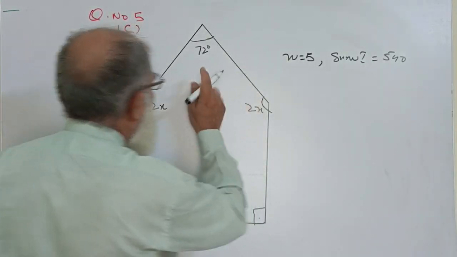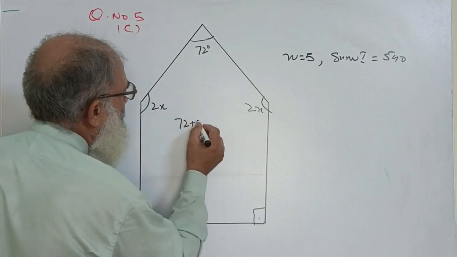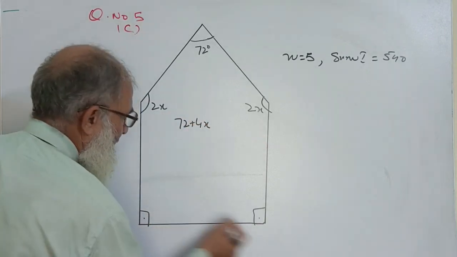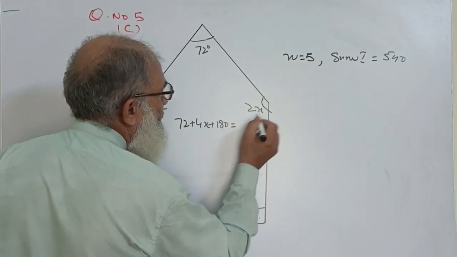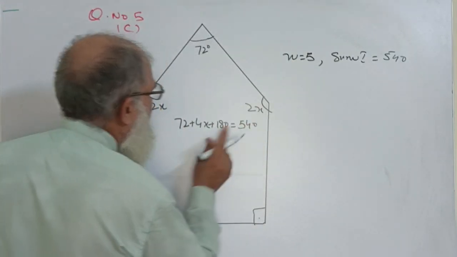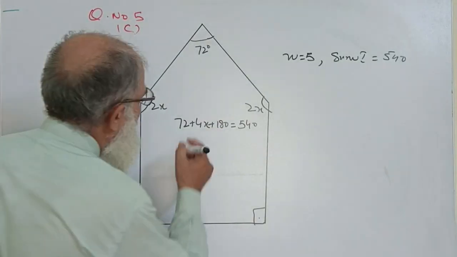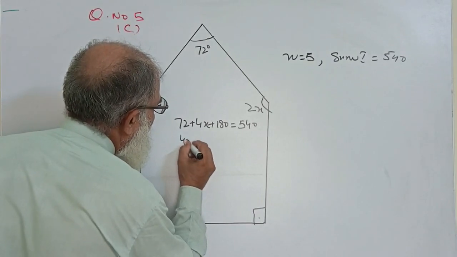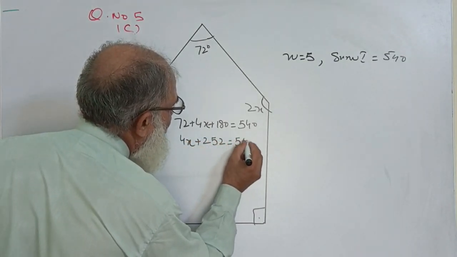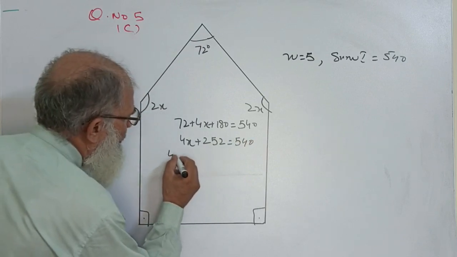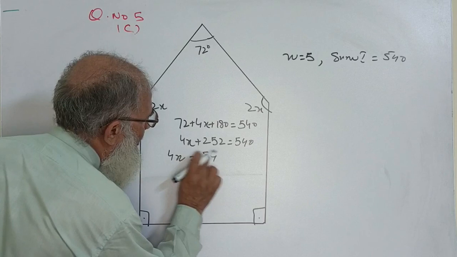So 72 plus 4x, 2x plus 2x, 4x, and 90 plus 90 is 180, is equal to 540. Adding up these, we get 4x plus 252 is equal to 540.